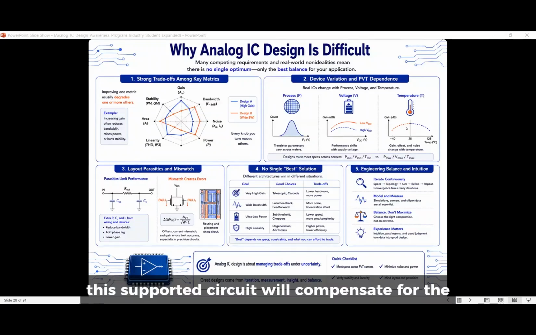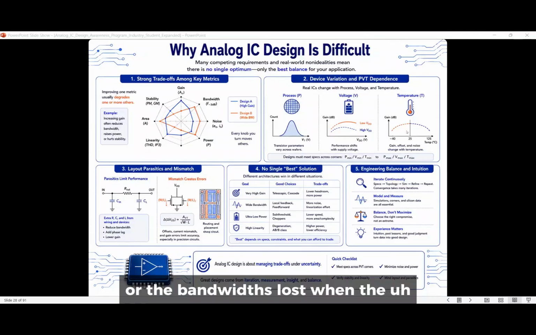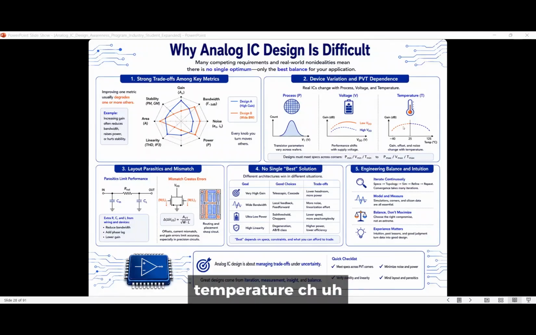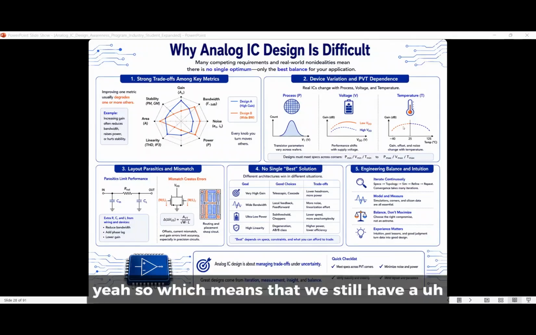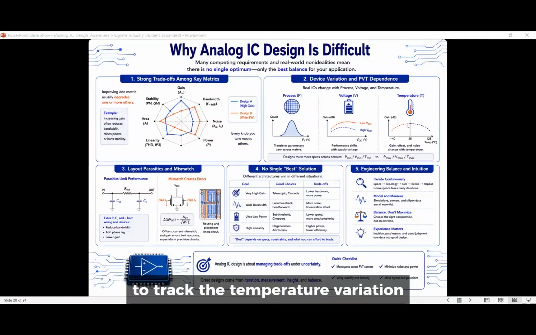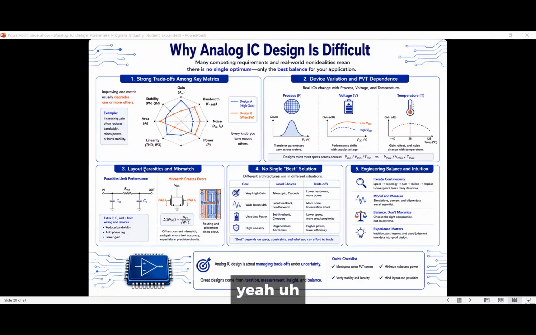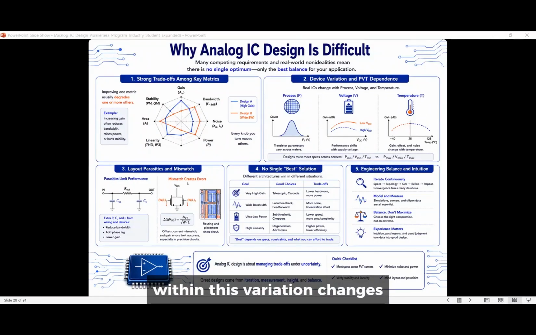So this supportive circuit will compensate for the gain loss or the bandwidth loss when the temperature varies. Which means we need to have a temperature sensor to track the temperature variation in real time and compensate for your amplifier within this variation.